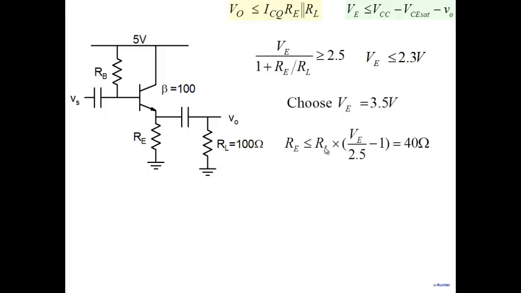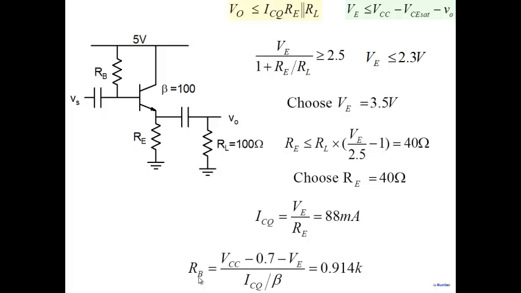It says RE should be less than or equal to 40 ohms in order to get a swing of 2.5 here. And so we choose RE equal to 40 ohms. Based on RE of 40 ohms, we get a current of 88 milliamperes with V equal to 3.5. And then one can determine the value of RB. So we have a design here based on only this particular limit.